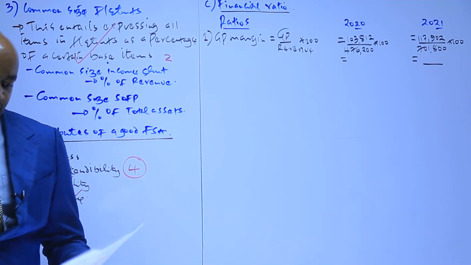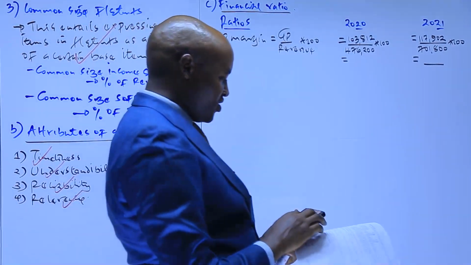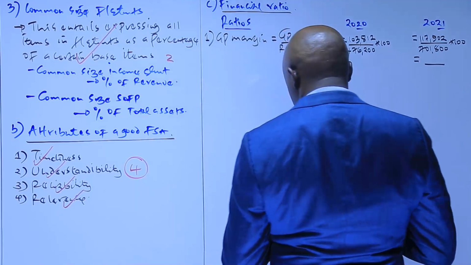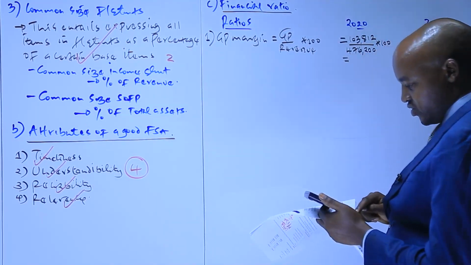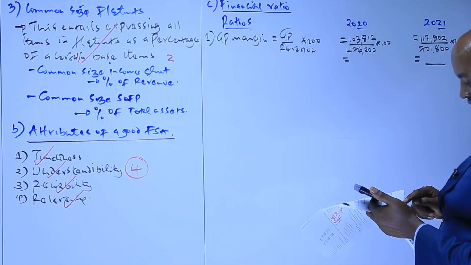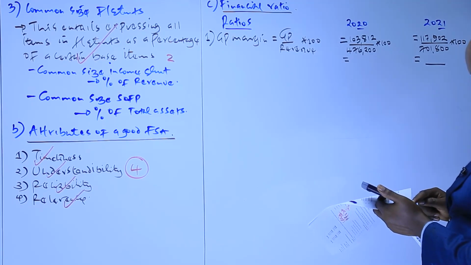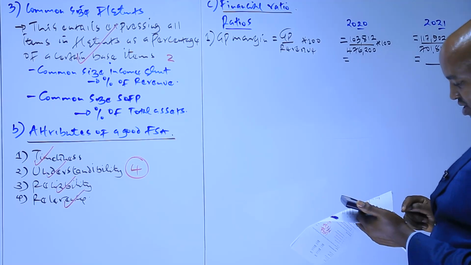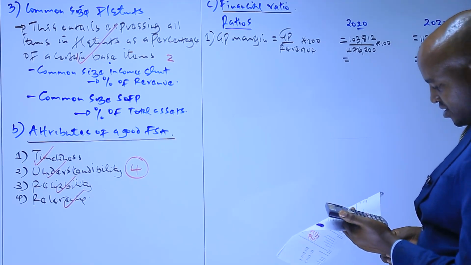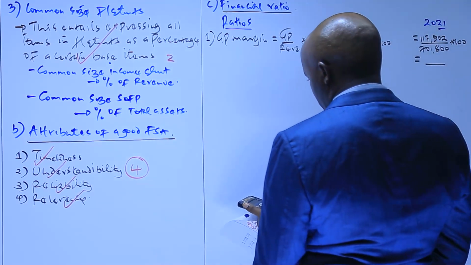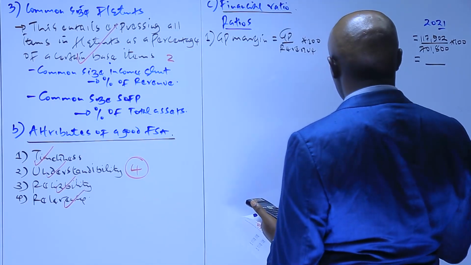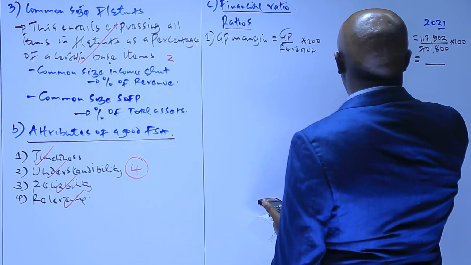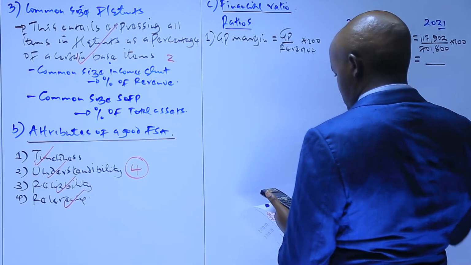So let's compute these two ratios here. We see what we are going to get. So the ratio for the first year is 103,812 divided by 476,200 times 100%, and that will give us 21.8%.